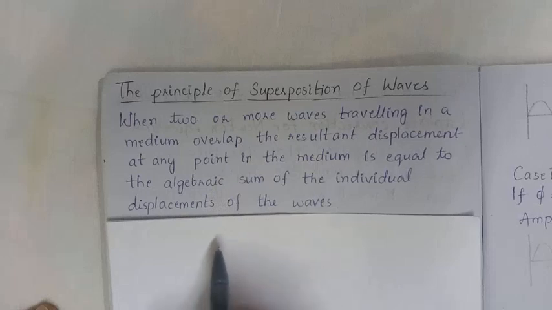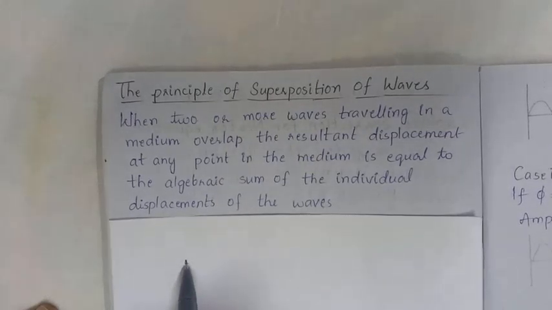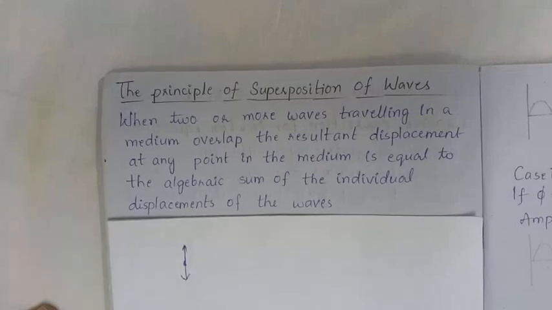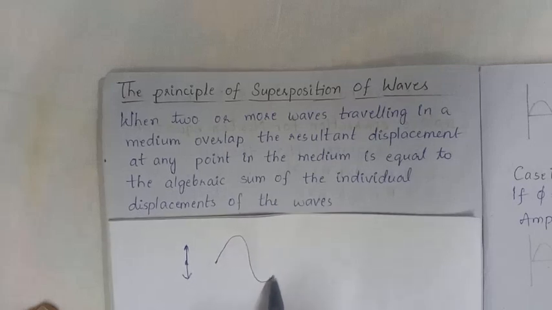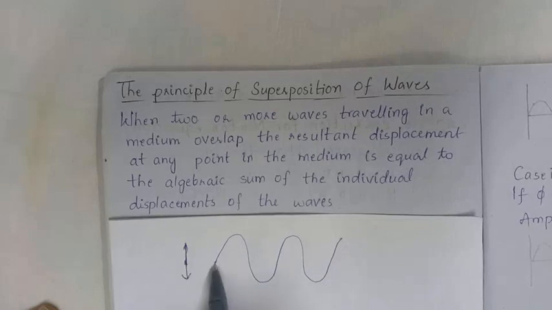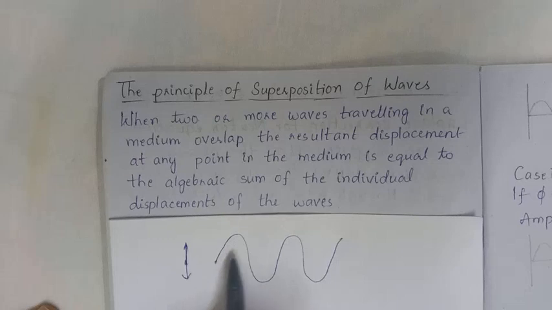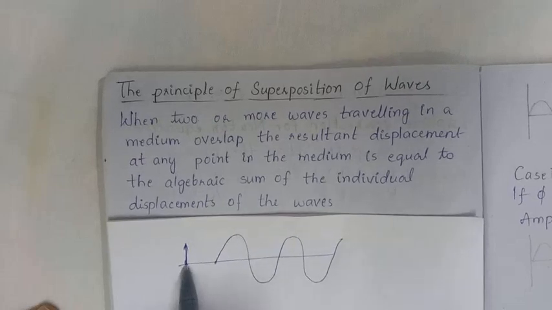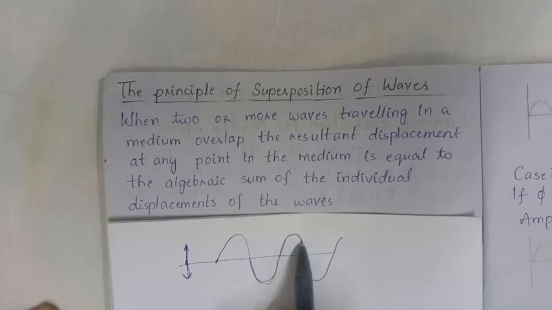Suppose here is a particle, and this particle is vibrating up and down. Then the graphical representation for this is like this. If it is going up, it is like this, and next going down again, this is the representation of the particle going up and down.